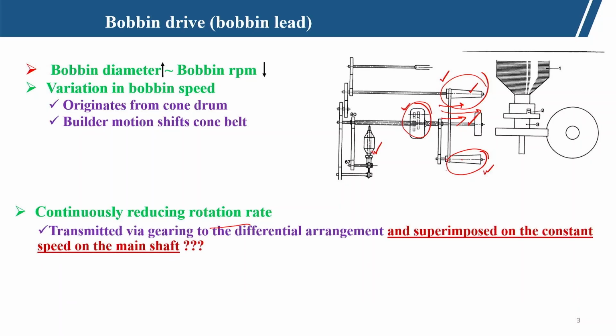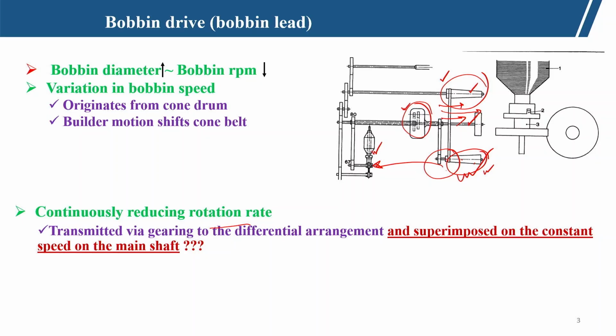Now, the issue is the speed; here we are getting variable speed, and we can directly give this variable motion to the bobbin. So, why do we use a differential arrangement?